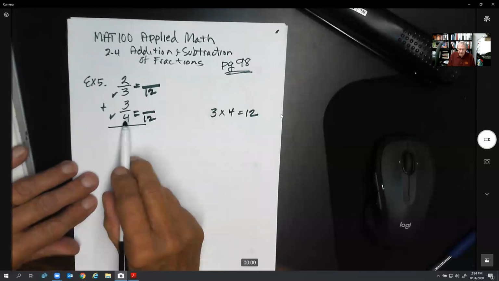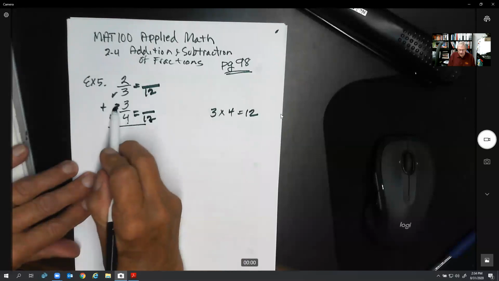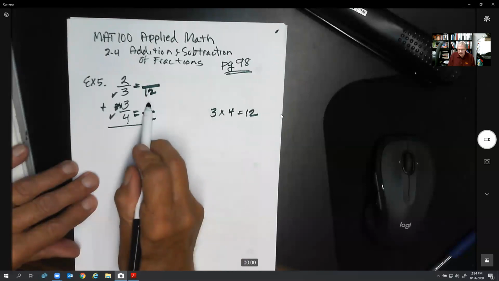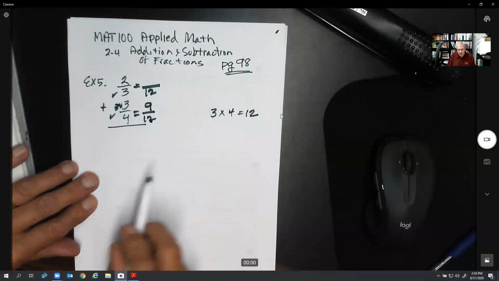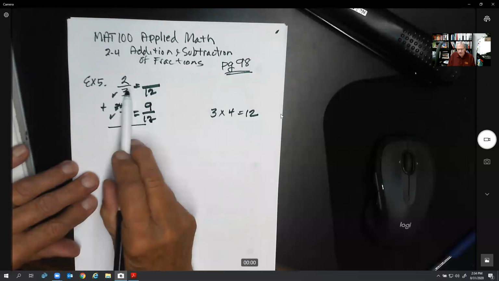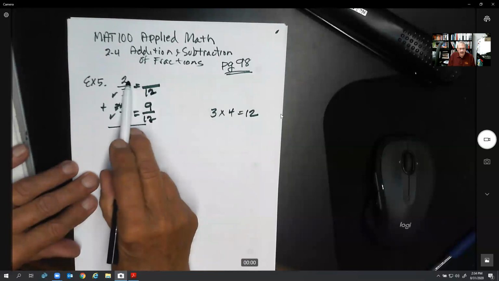I divide 4 into 12 is 3. And I multiply that 3 times the 3, 9, and then I write it down. Now I usually do this in my head. 3 into 12 is 4. 4 times 2 is 8.